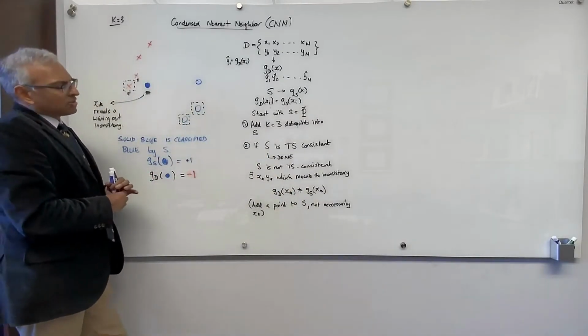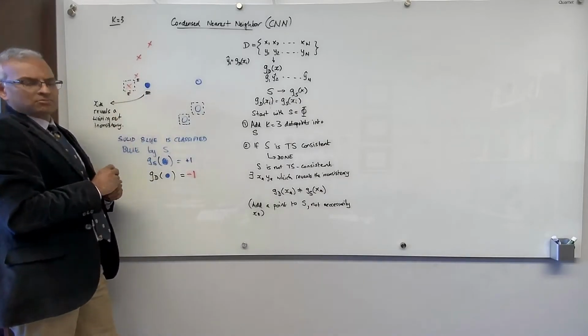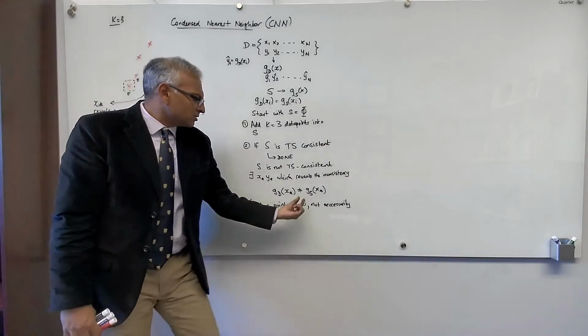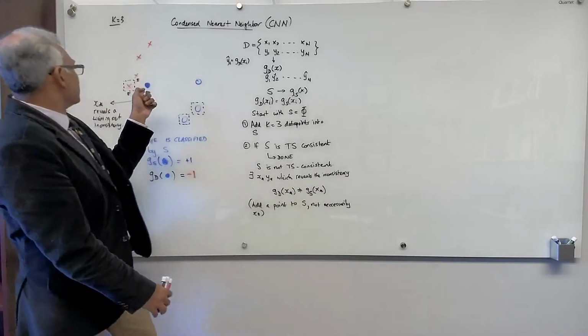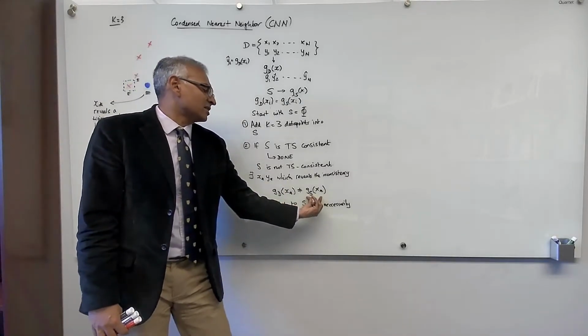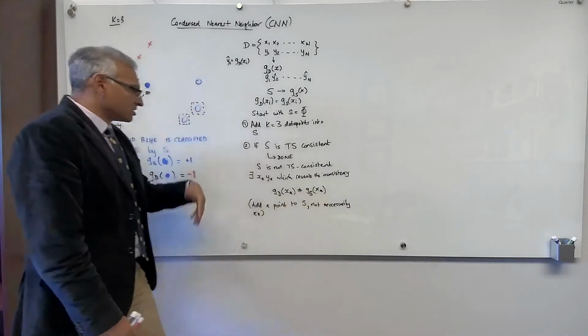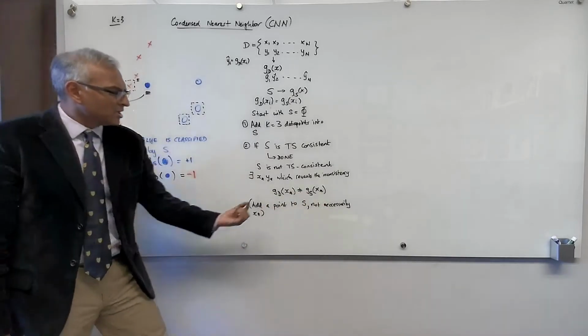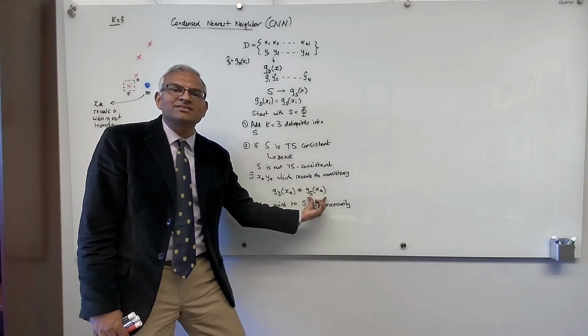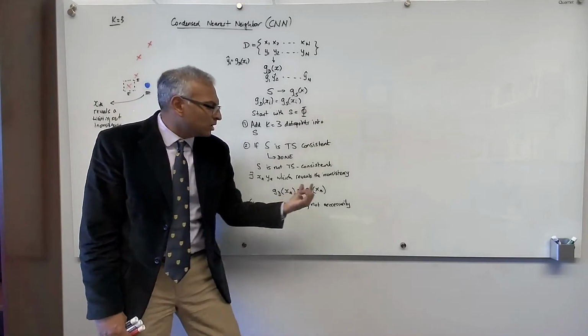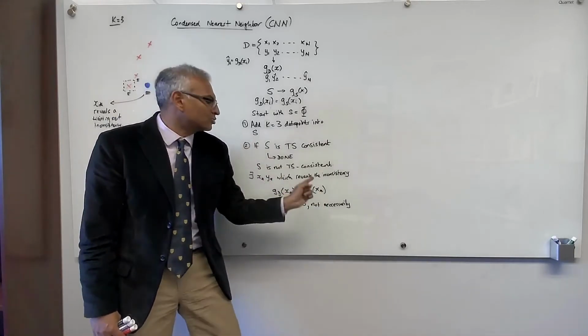You can think of x star as having revealed the inconsistency. So G sub D of x star is something plus or minus 1. In this case minus 1, and G sub S of x star is the opposite. So in this case plus 1. So we need to add a point that's going to get G sub S of x star closer to what it should be. We want to improve the situation with respect to x star.